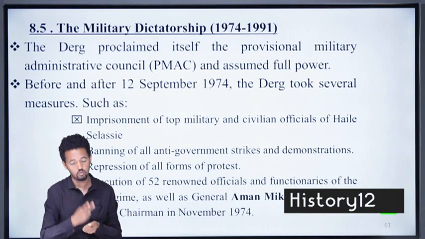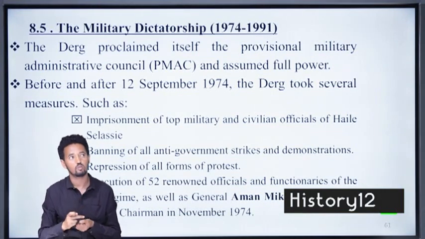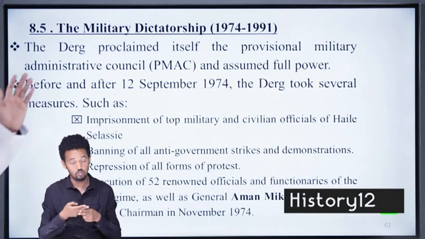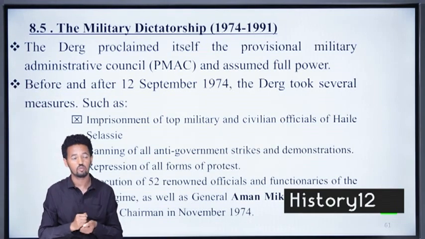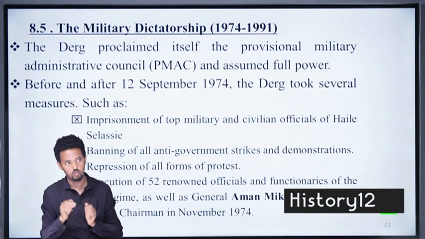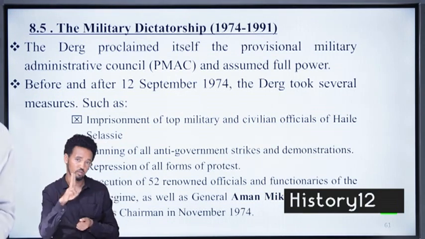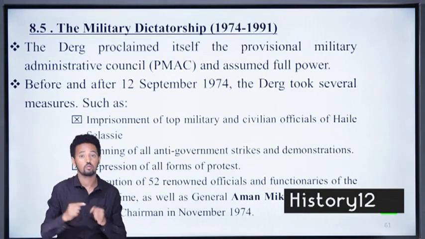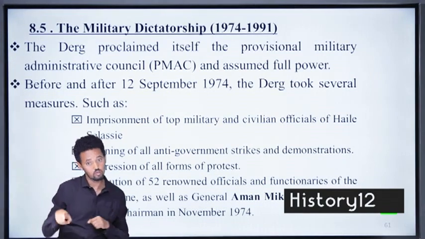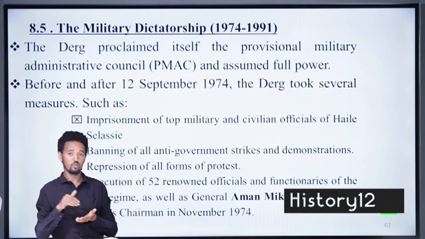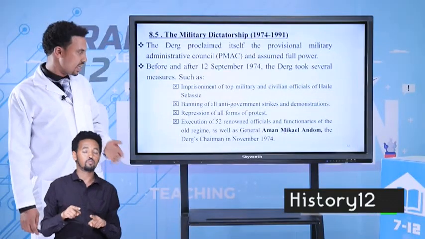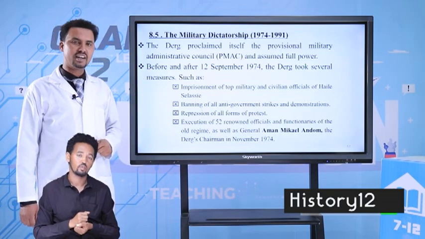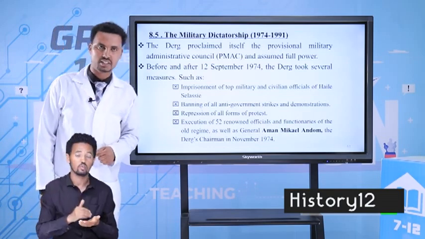The Derg proclaimed itself the Provisional Military Administrative Council, in short PMAC, and assumed full power. Before and after 12 September 1974, the Derg took several measures. First, imprisonment of top military and civilian officials of Haile Selassie. Second, banning all anti-government strikes and demonstrations in the country.